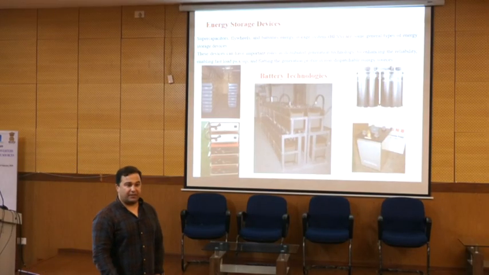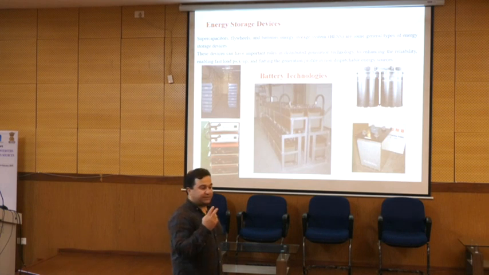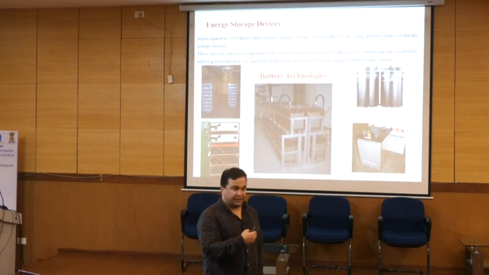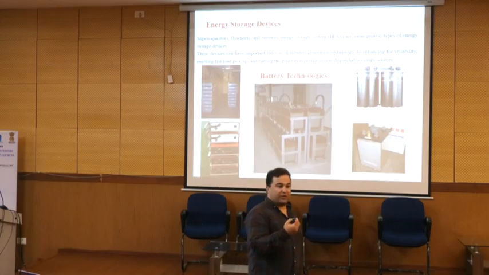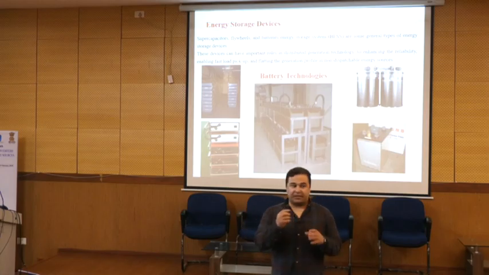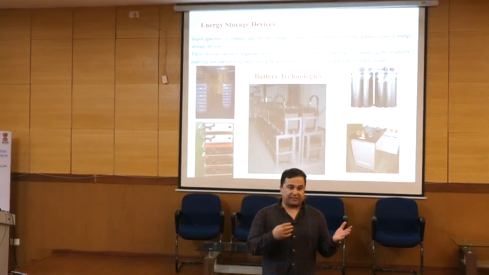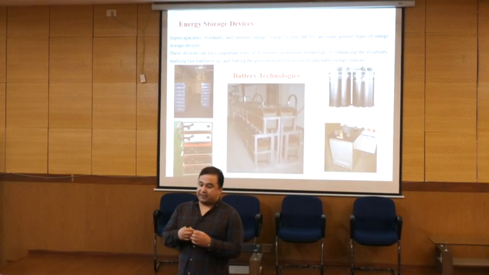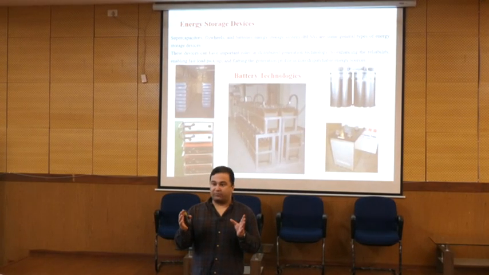So we have two different types, high power and high energy. High power is like a supercapacitor. As you mentioned, it can be charged and discharged fast. But high energy is like a lithium-ion battery.